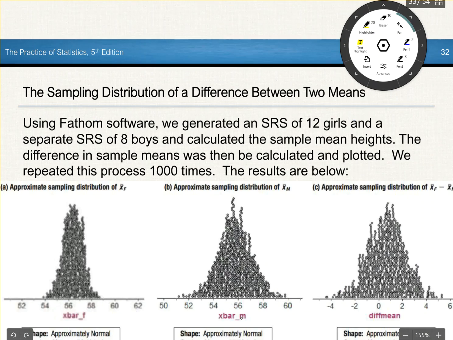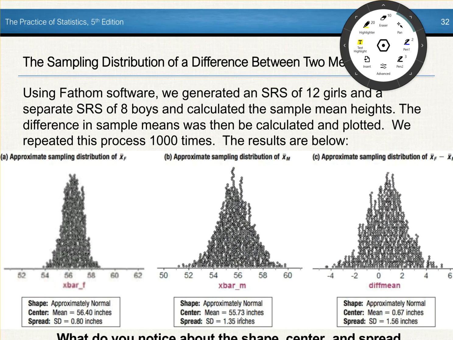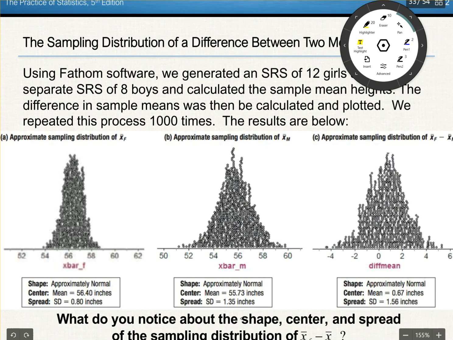All right. So here they generate these samples 1,000 times. If you look at the sampling distribution for girls, it's the left one here, X bar F. The sampling distribution of X bar for males is in the middle, and then when I take X bar sub F minus X bar sub M, so girls average minus boys average, I get what's over here.